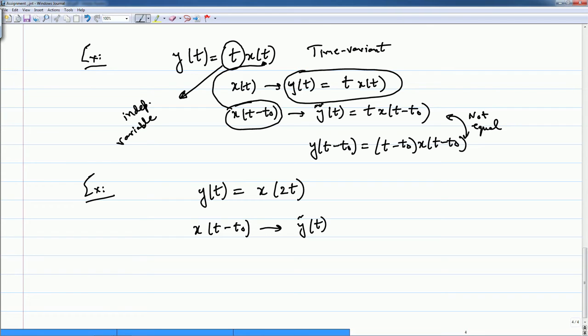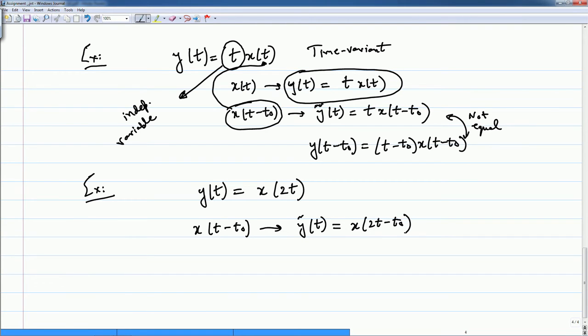This is a slightly confusing question. So, I have x of 2t here and I have x of t minus t naught. What will be the output y tilde of t? Think about it, the correct answer is x of 2t minus t naught.